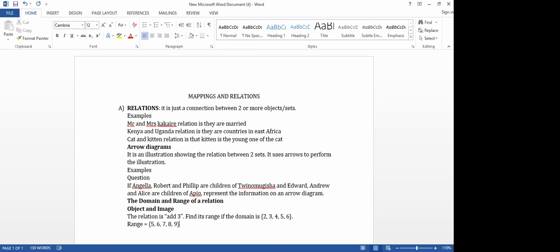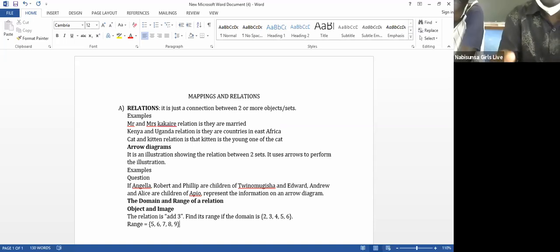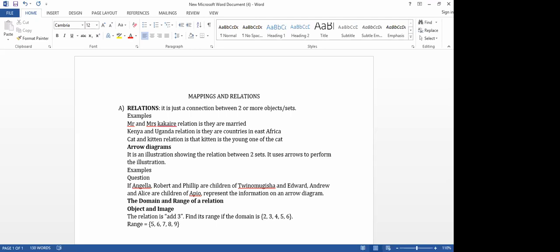I think the others are comfortable. So I want you also to try and draw the arrow diagram. It is an art. We are trying to build something. So just draw an arrow diagram that side. Later we shall refer to them.